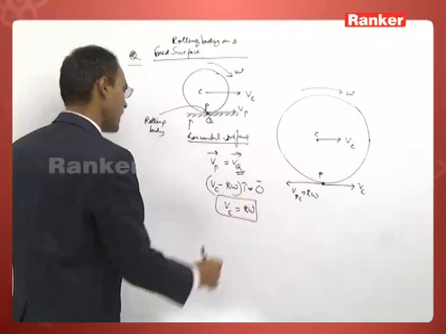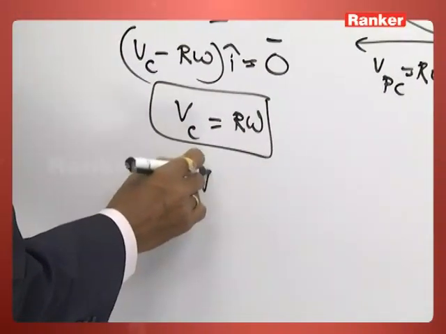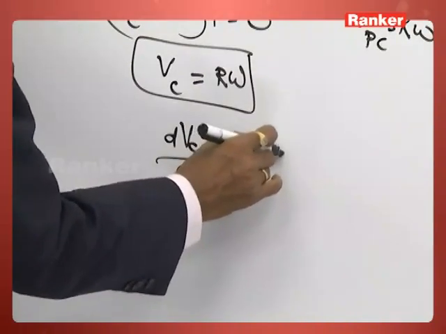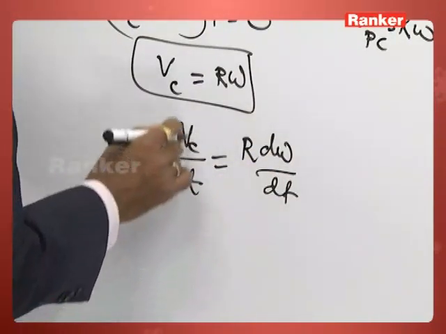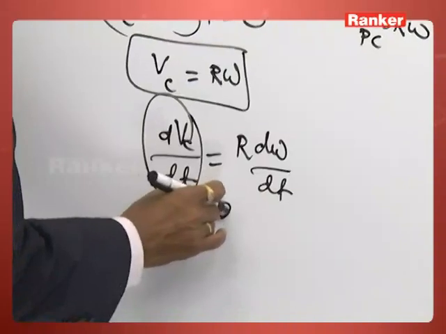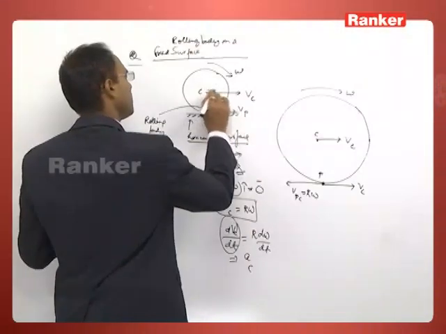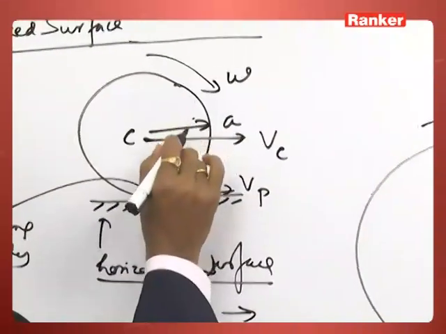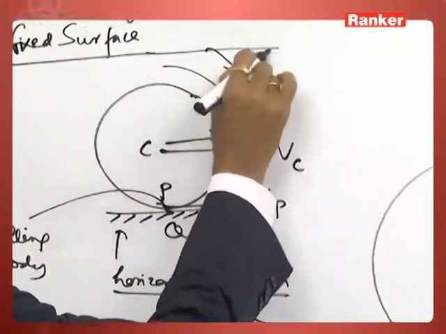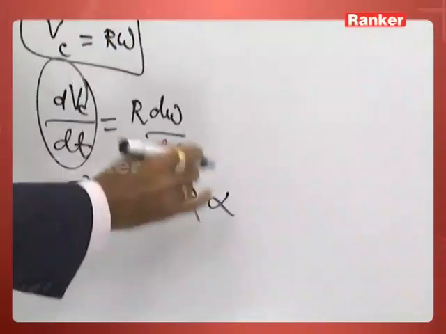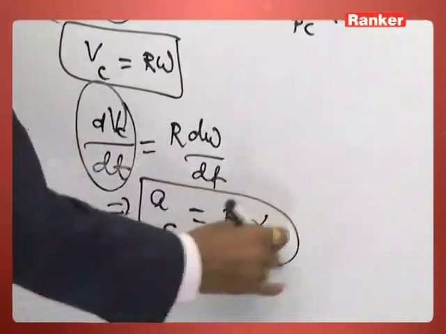And if you differentiate both sides, dVc by dt equals r d omega by dt. But this is nothing but the acceleration of the center of mass. If the center of mass has some acceleration, suppose A, and alpha of the rigid body is the angular acceleration, so Ac is equal to r alpha.